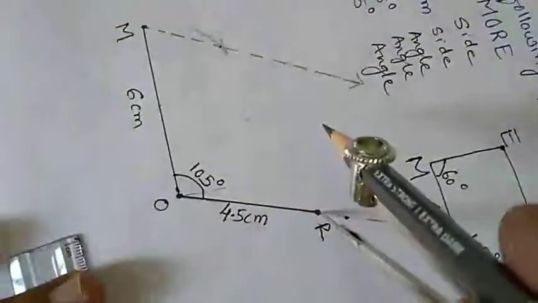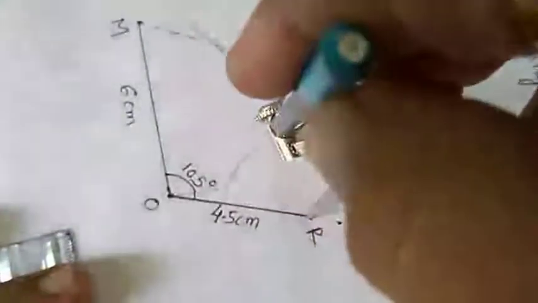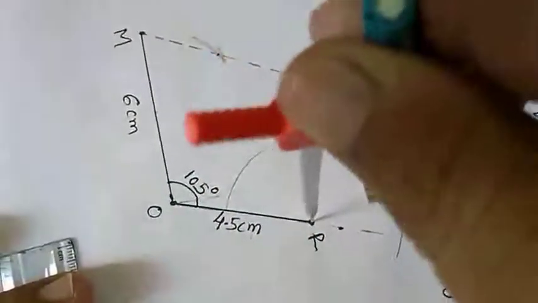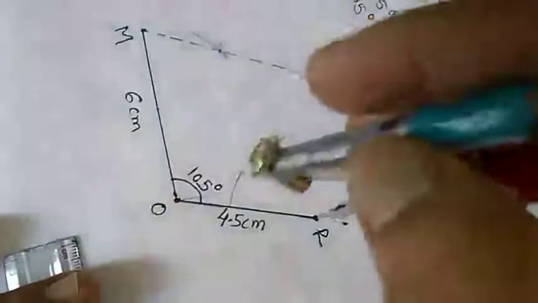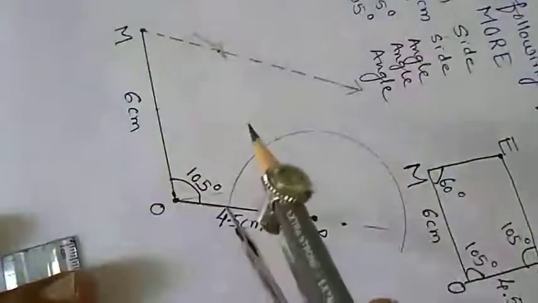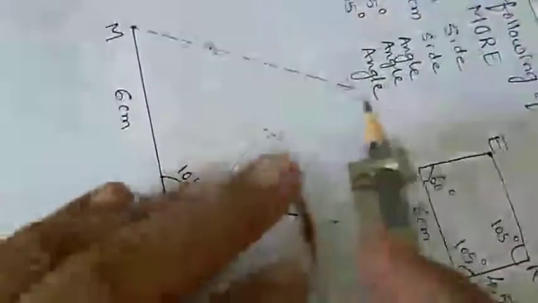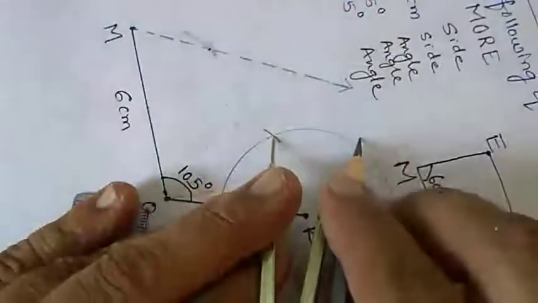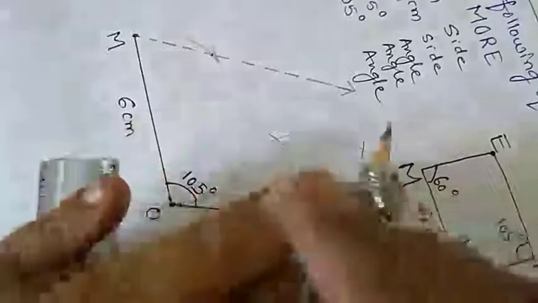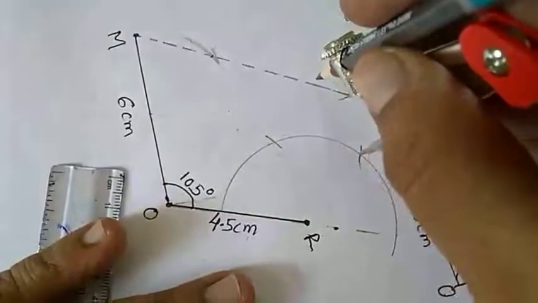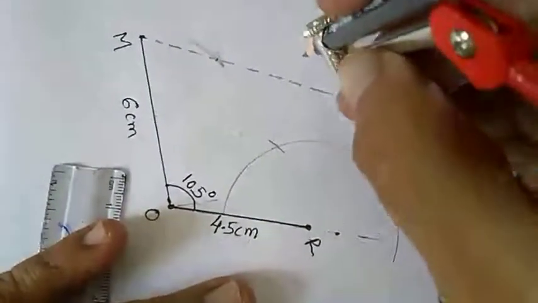Then again I will draw a semicircle from R. Then the first cut will give me 60 degree. The second cut from this 60 degree will give me 120 degree. And the bisector of these two, the bisector of both. I take a slightly bigger arc so there is no problem.